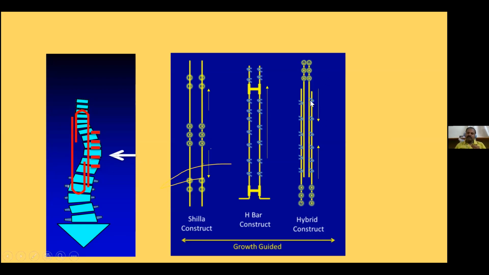You just have to use the lamina, bring the curve into these rods, and then tie it. So as the growth happens, it grows slowly, and the rods will slide, and will come out of every wire as the growth happens.